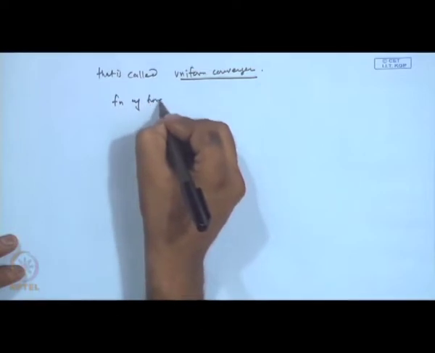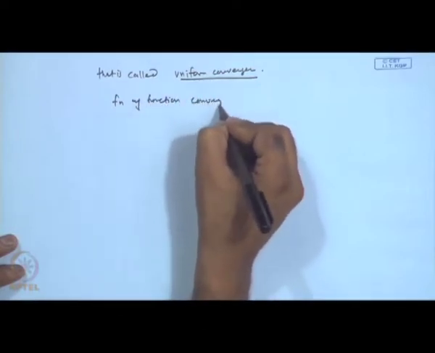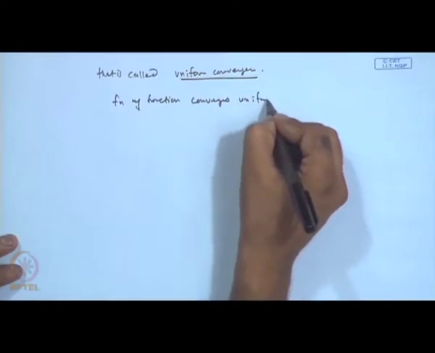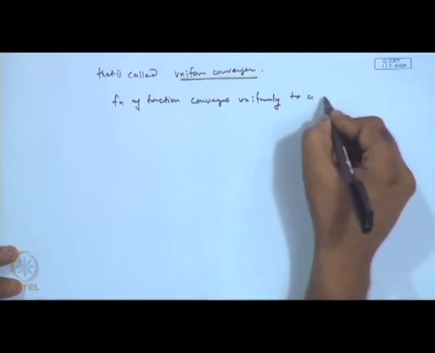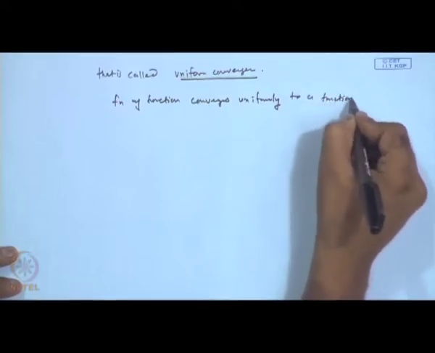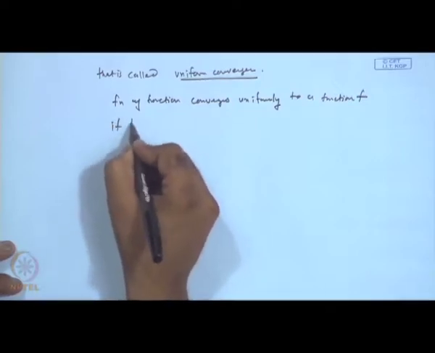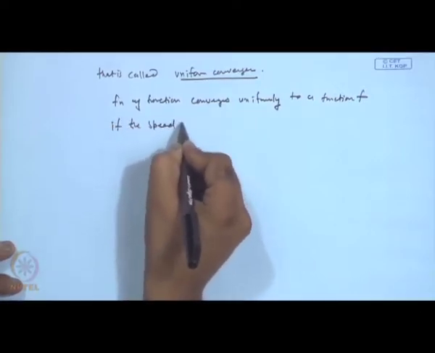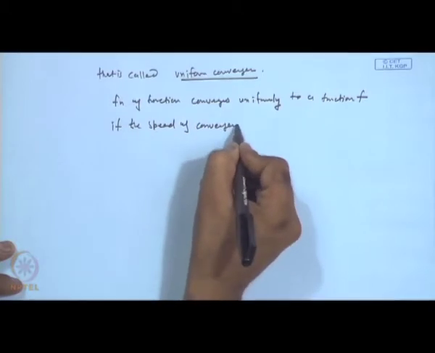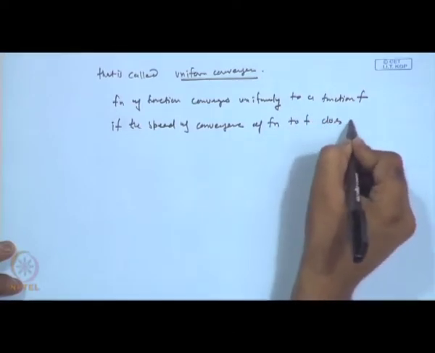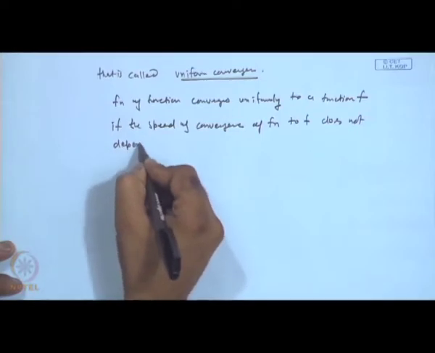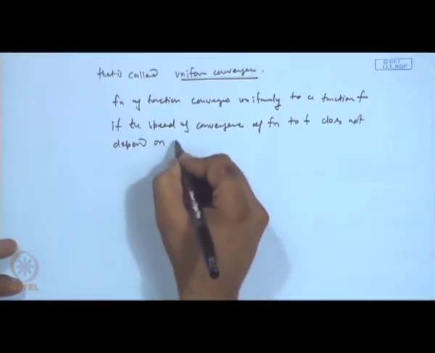A sequence f_n of functions converges uniformly, which is a stronger notion than pointwise convergence, to a limiting function f if the speed of convergence of f_n(x) to f does not depend on x.